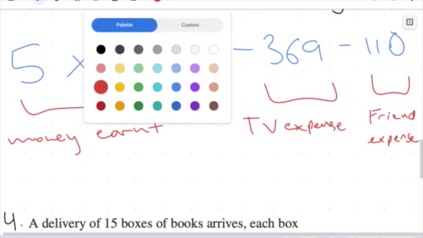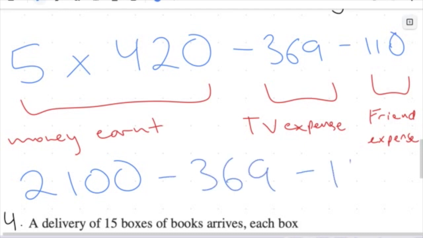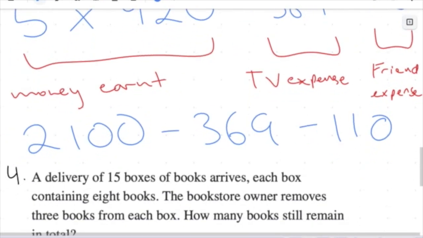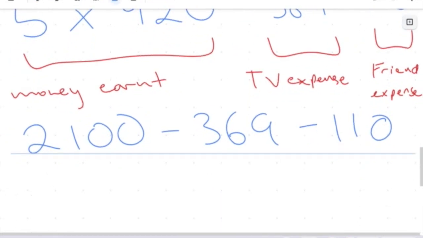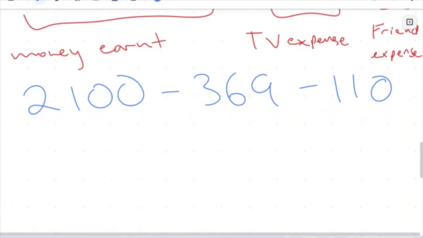So 5 times 420 gives me 2,100. And so I'm going to write that in place of 5 times 420. And for that, I'm subtracting my cost of my TV as well as the cost of paying back Charlie's friend.